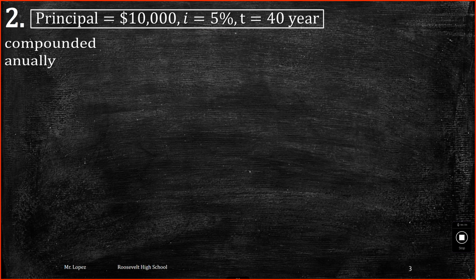What the video said was that in the long run, the longer you keep it in there compounded annually, it would make way more money in the long run than in the short run. Let's see how much money we would have here in this one.